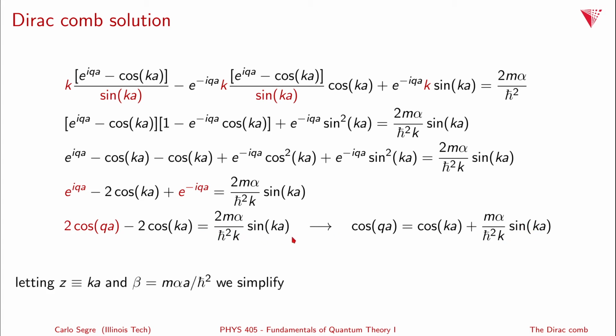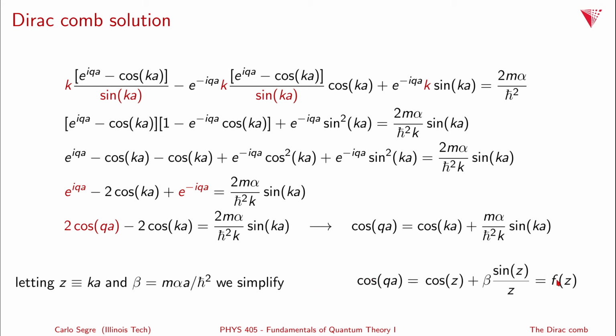Now I'm going to do the replacement. Z is equal to Ka and beta is equal to m alpha a over h bar squared. We get cosine of Qa is equal to cosine of Z plus beta times sine Z over Z. So this is the transcendental equation in simplified form that we can solve.